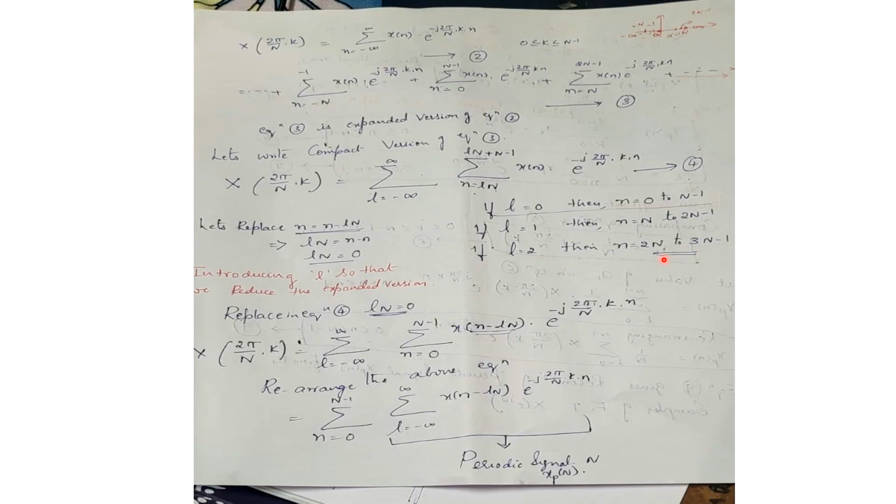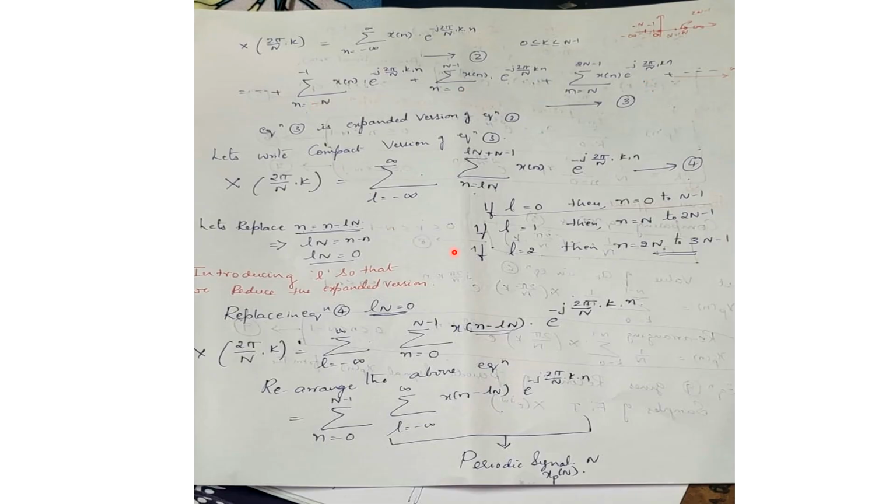So this means that the expanded version of equation 2, what you have written, has these three terms: L is equal to 0, L is equal to 1, L is equal to 2. When we substitute these three, you will get the terms of these three expanded summations.